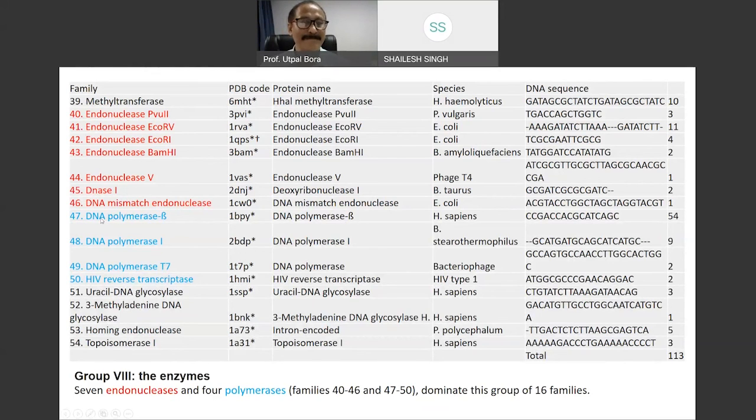And then you have again 47, 48, 49, 50. So these are the polymerases. Out of this total 16, the dominating members in the enzyme class are the 7 endonucleases and the 4 polymerases. And you have the PDB code of these particular enzymes, the protein name, the species from which they were obtained, and the DNA sequence on which they act.